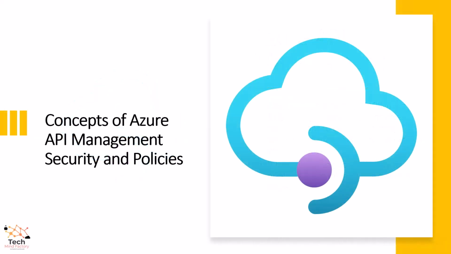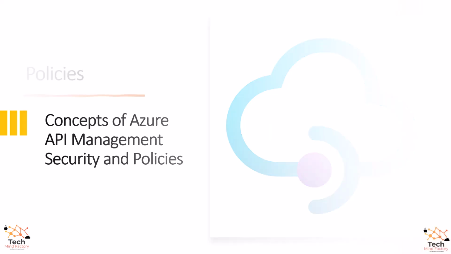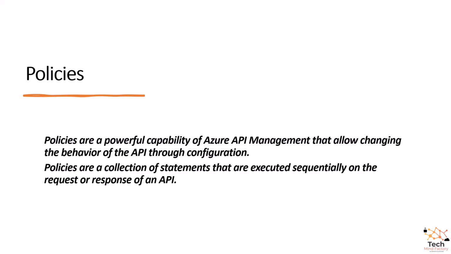However, this is not enough, because in this video I would like to also talk about the concepts of Azure API Management security and policies. I would also like to explain why using Azure API Management in our application architecture can be beneficial. So let's start with policies in Azure API Management. Policies are a powerful capability that allows changing the behavior of the API through configuration.